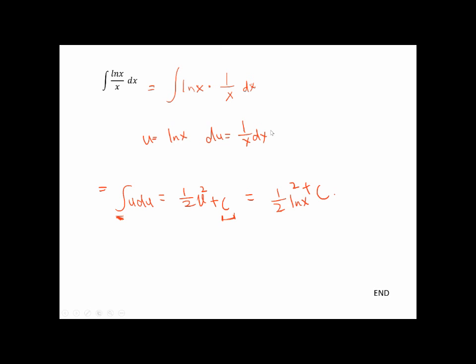Okay, so basically for the review part, I wish you could be familiar with the formulas at the beginning and know how to use substitutions to do integrals. When you see ln x, you want to find the relationship between ln x and 1 over x dx, which is u equals ln x, du is 1 over x dx.